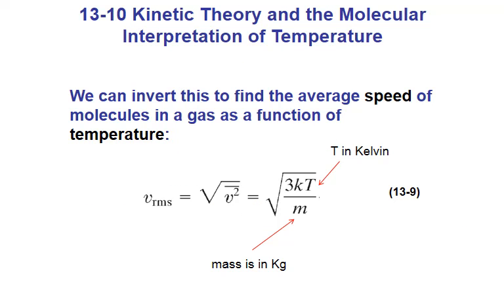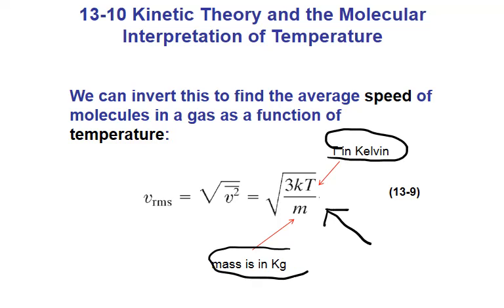If we rearrange and incorporate mass, we have the temperature in Kelvin and the mass in kilograms, and we can figure out the root mean squared speed, the average speed of the substance. That's pretty neat, because if we know the temperature, we can have an idea of how fast the average molecule is moving.